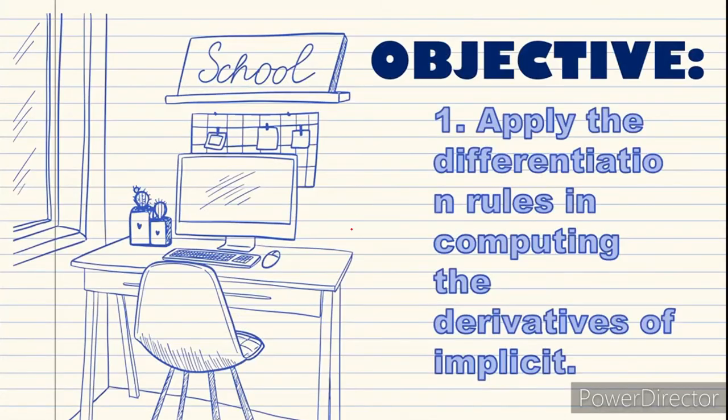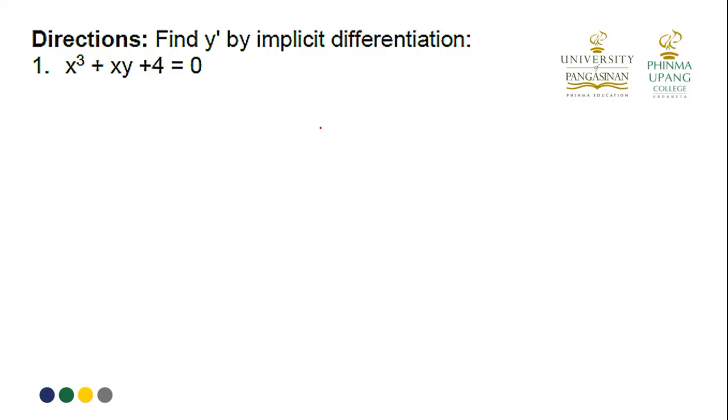Illustrating the implicit differentiation. So dito po sa ating implicit, medyo madali lang siya if alam mo yung hindi mo dapat kalimutan. If ever na magkaroon tayo ng y or derivative ng y, palagi siyang may partner na y prime. Okay?